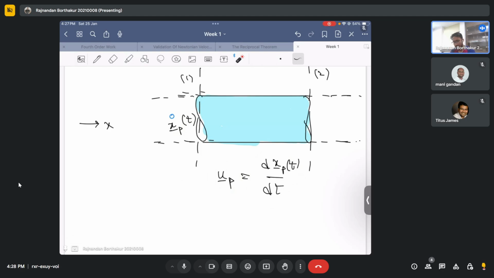This xp and up are just functions of time in Lagrangian coordinates, because knowing this single fluid particle as a function of time is sufficient for me to calculate all its properties: this velocity, the acceleration, and so on.